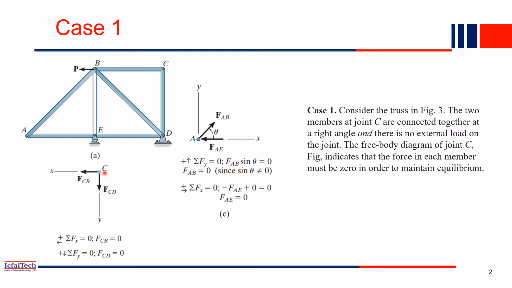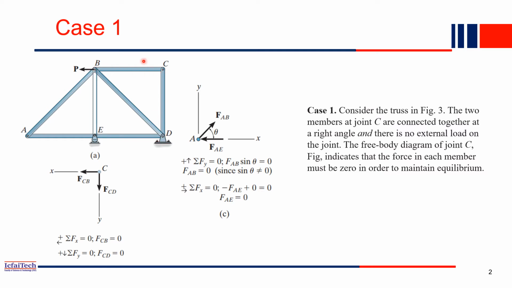Joint C has FCD and these two bars which are connected perpendicular to each other. If we apply summation of all horizontal forces equal to 0 and summation of all vertical forces equal to 0, then what will happen? There is only one horizontal member and only one vertical member.